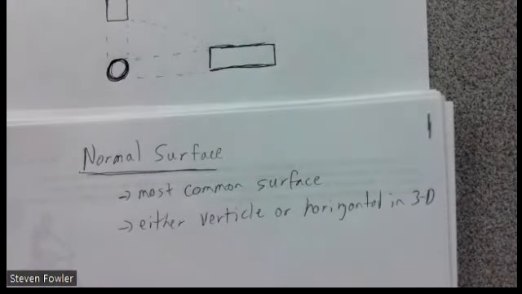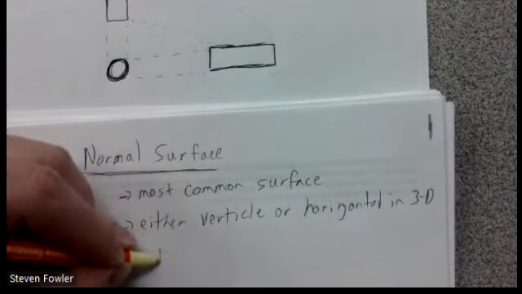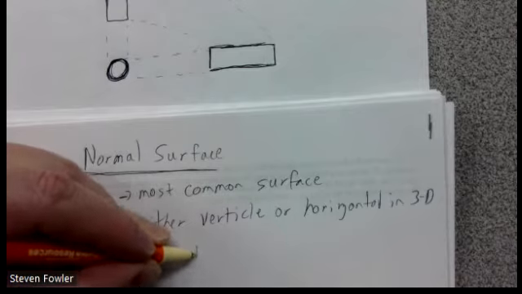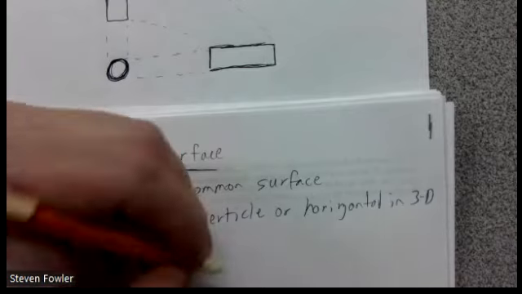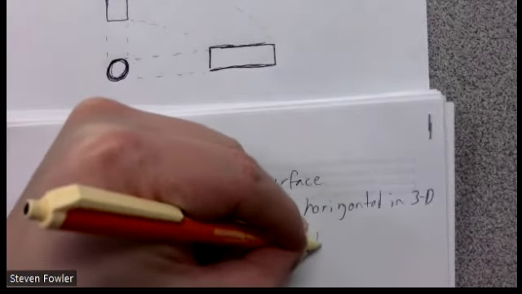These are things that are either vertical or horizontal, meaning they intersect at 90-degree angles.